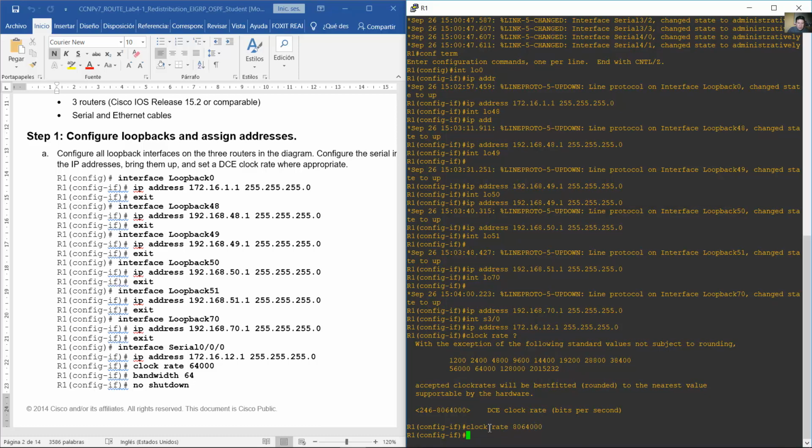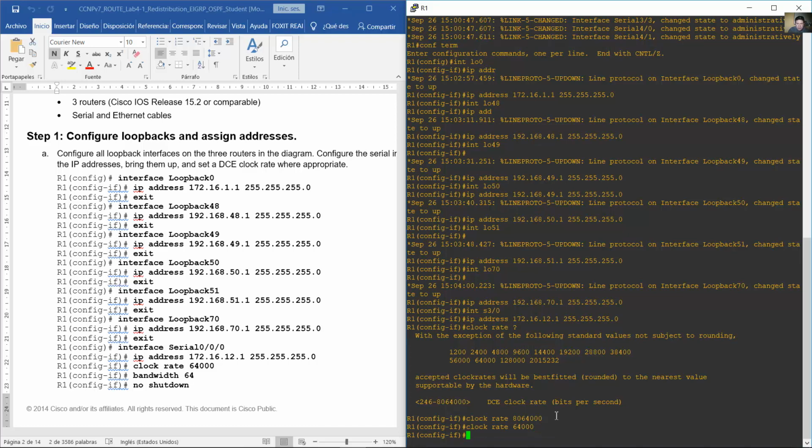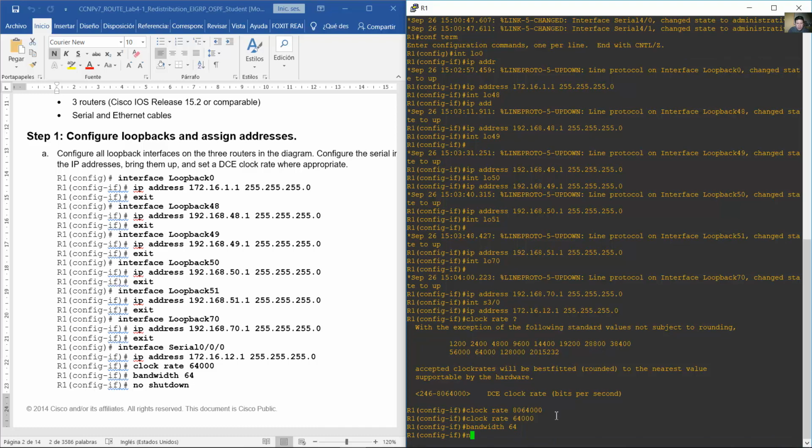Then set the bandwidth to 64 kilobits per second, so the clock rate can also be 64. So the bandwidth 64 kilobits per second, then no shutdown.